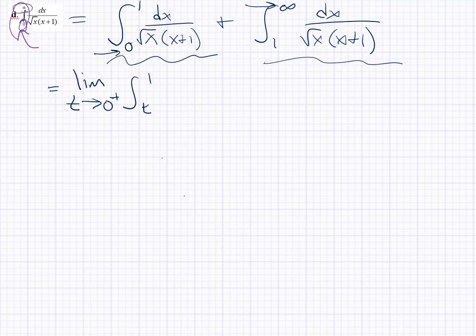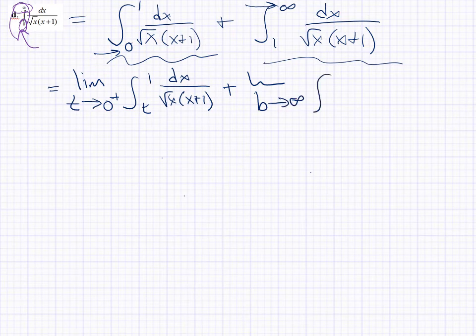And then I still have dx over the square root of x times x plus 1. Plus, the next one, I'm going to have the limit as, let's say, b goes to infinity of the integral from 1 to b of dx over the square root of x times x plus 1. So now both of these integrals are ready to go.